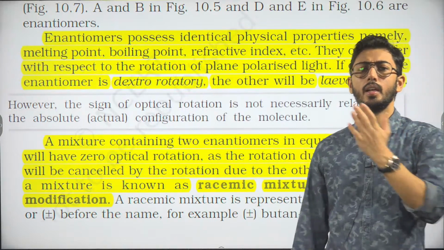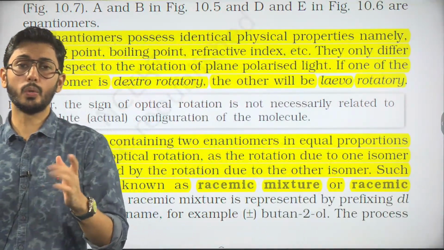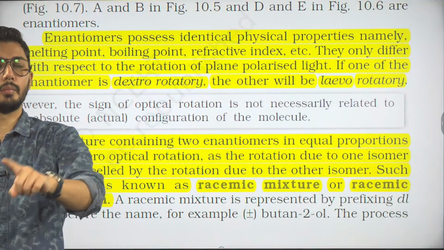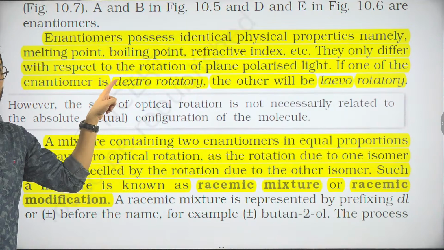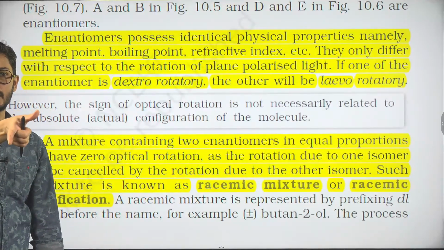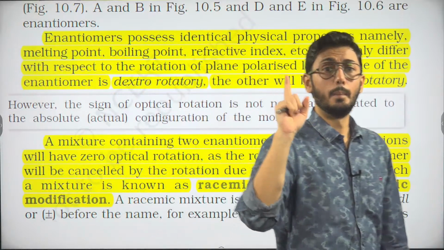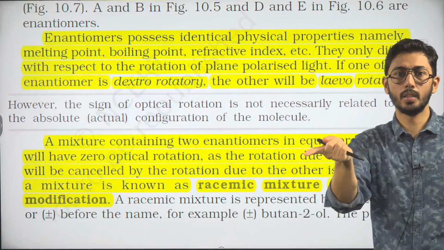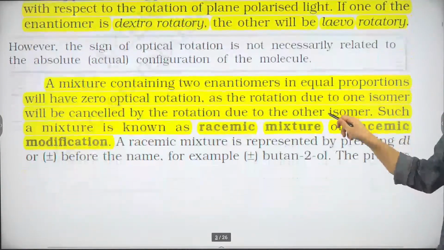For example, if dextro rotates by plus 50, levo will rotate exactly minus 50. If one is plus 100, the other has to be equally but minus 100. Dextro is plus, and the other will be exactly opposite, levo.